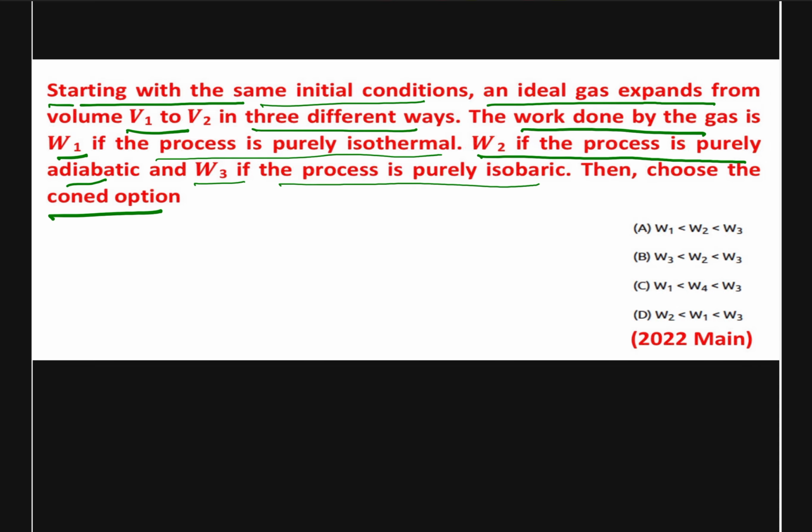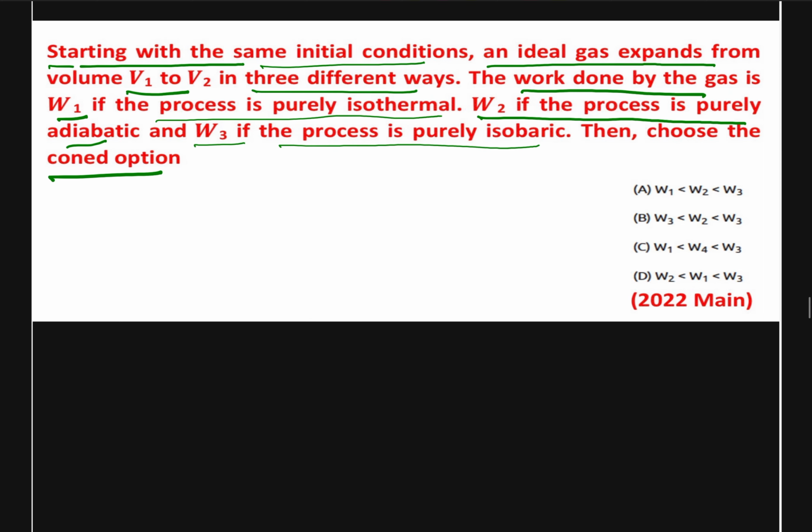So this is in general related with the graphical representation. Formulas are also there, but it is easy to interpret the result based on the graph, and that graph is our PV. So this is pressure and we have volume, and let us suppose it starts from a common point, and at this common point our volume is Vi, and 3 processes are given.